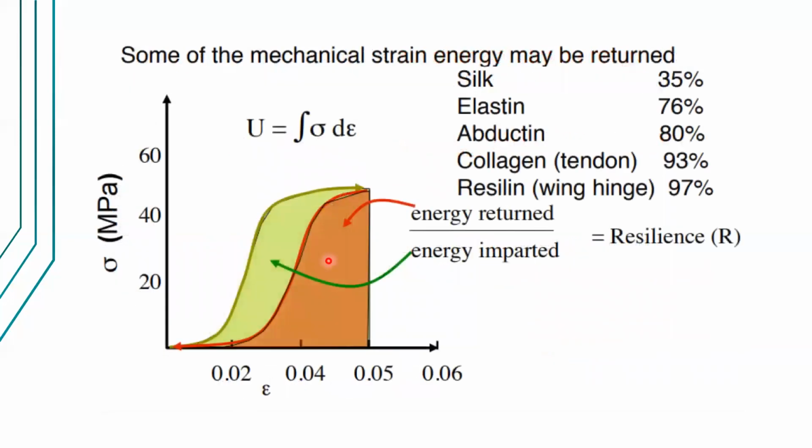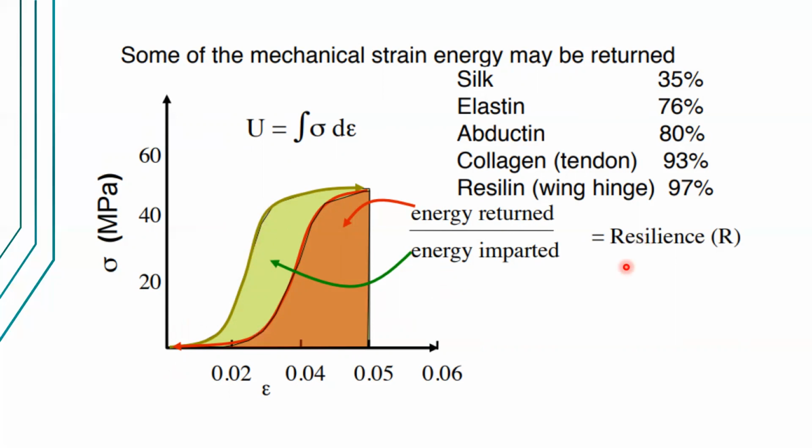And here are some materials of biological relevance and their corresponding resilience. So resilience is, in this context, different from the resilience we have discussed. Remember, resilience is the area under the curve up to the yield stress. So let's say this is, for example, a straight line, and there is some point here which we call yield stress, and that area up to the yield stress is considered the resilience.